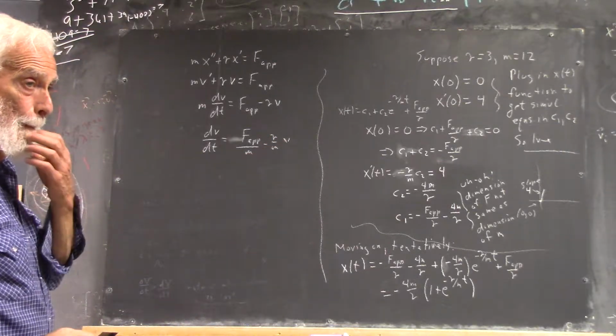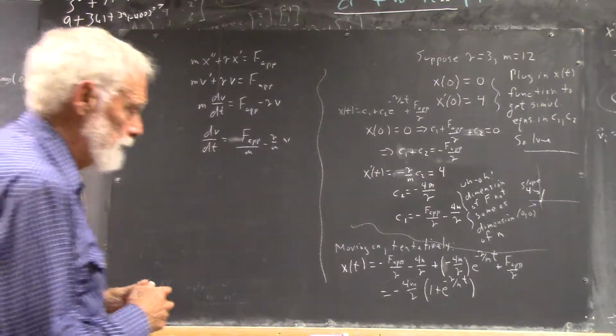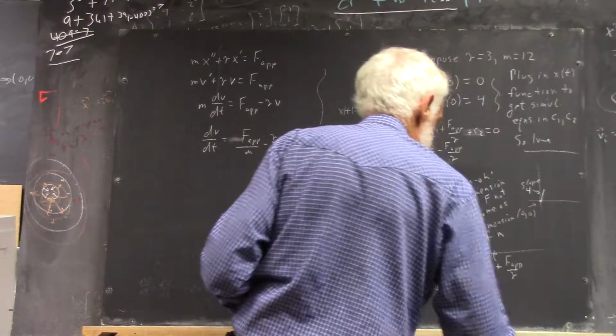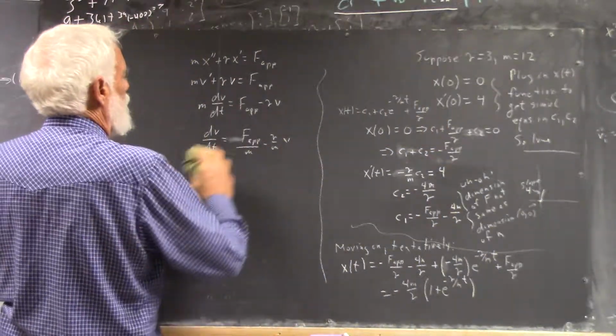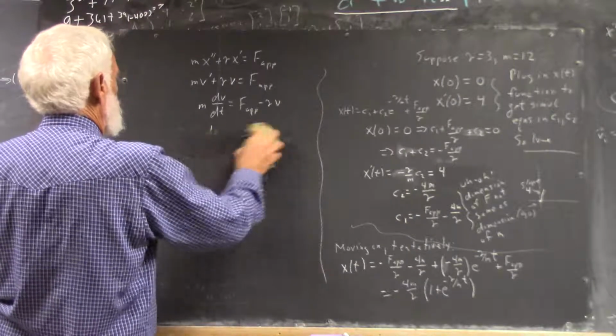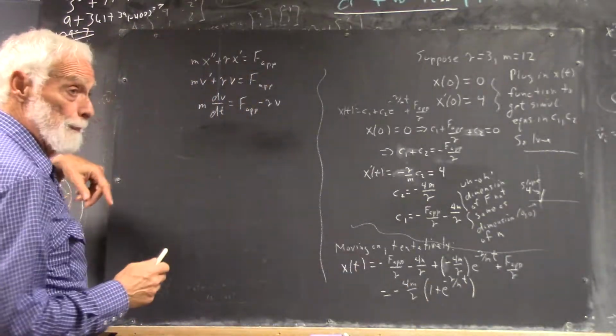Okay? And you know what? I really don't want to write it that way, because the algebra is just going to be a little trickier. So I'm going to leave it this way.